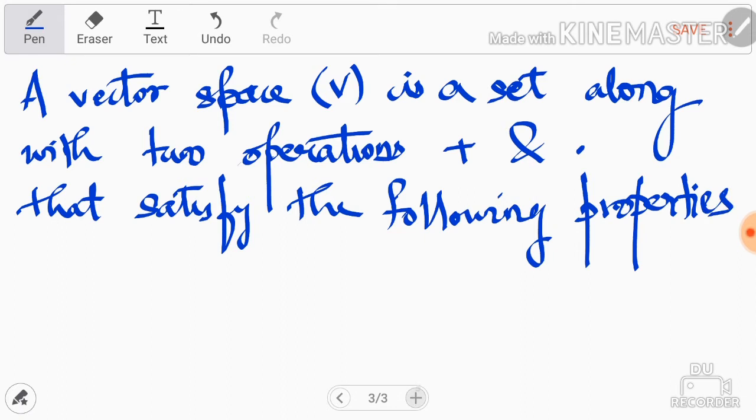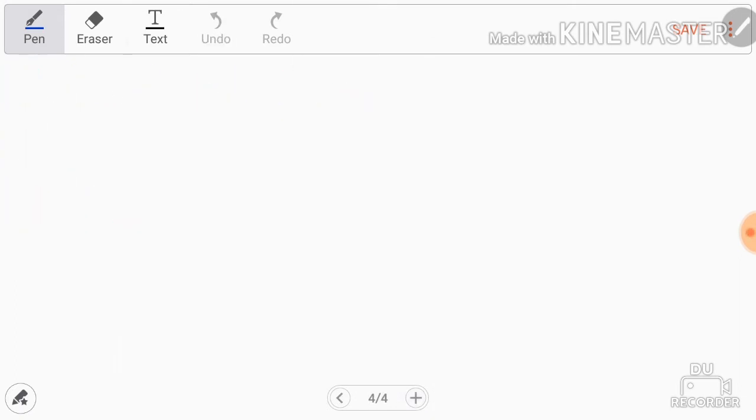Okay, so let's begin. I'll be listing down 10 different properties. Among the 10 different properties, the first 5 will be for vector addition and the remaining 5 will be dedicated to scalar multiplication. So let's look at the first property.